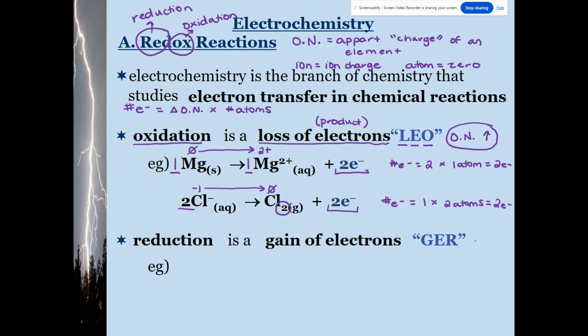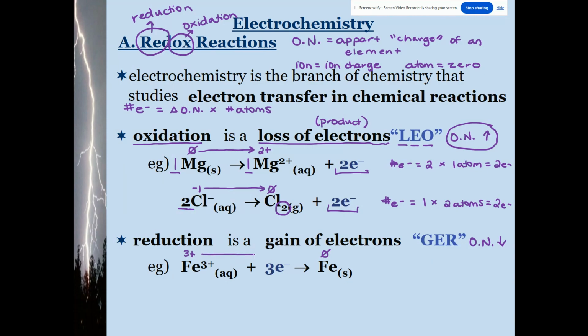And in that process, when you're gaining negative electrons, that's going to make your ion charge or oxidation number go down. So for example, let's say I have iron 3+ ions. Sorry, sometimes my pen makes these lines, I'm not really sure why. Iron 3+ ions are becoming iron atoms.